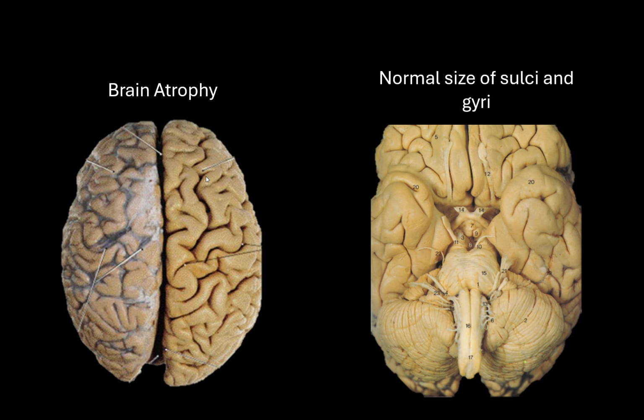These are definitely still round, but there's a much wider space. And so on the left here, that's an example of brain atrophy, kind of a global condition that you can find in your brain. And this is more normal looking.